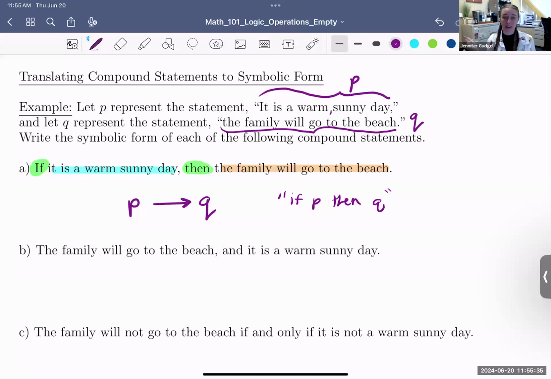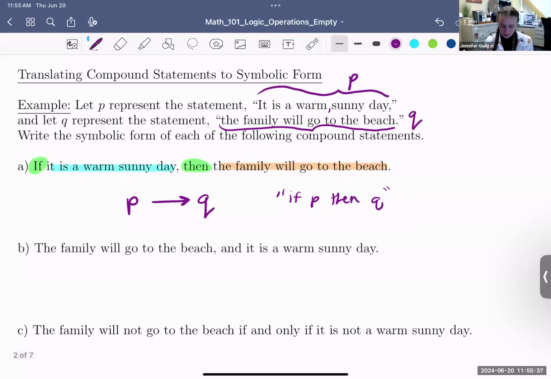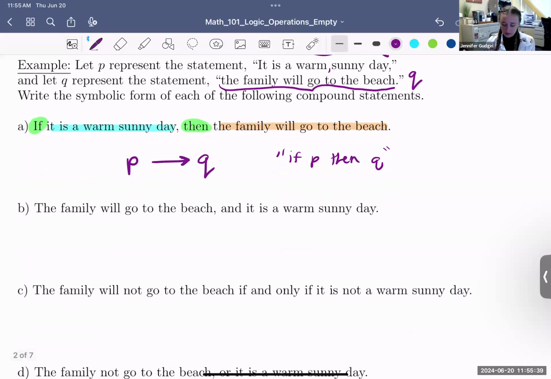The family will go to the beach and it is a warm, sunny day. P and Q. No negations. Oh my gosh, I'm so off.